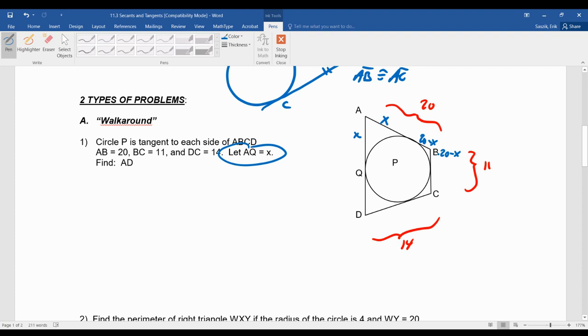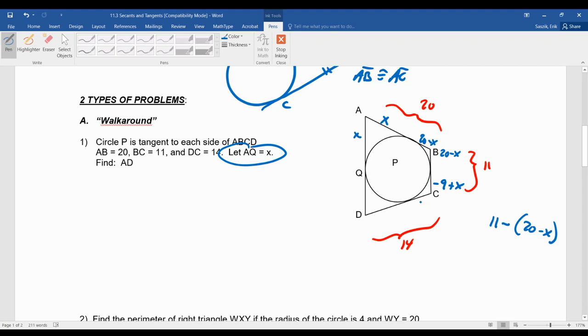Now, if this piece is 20 minus x and this whole thing's 11, this would have to be 11 minus that. Now remember, folks, don't make that mistake. 11 minus this quantity. You need parentheses. So this 11 minus 20 becomes negative 9, but minus a minus becomes plus x.